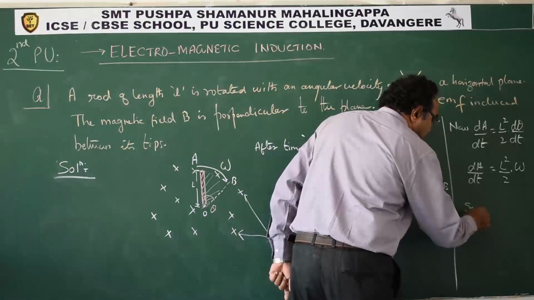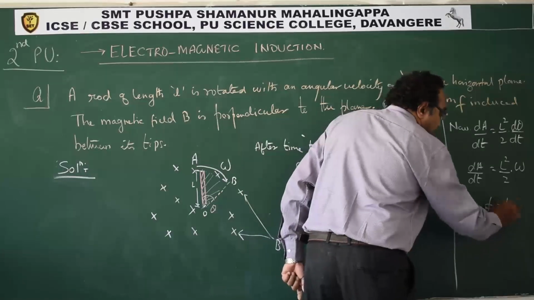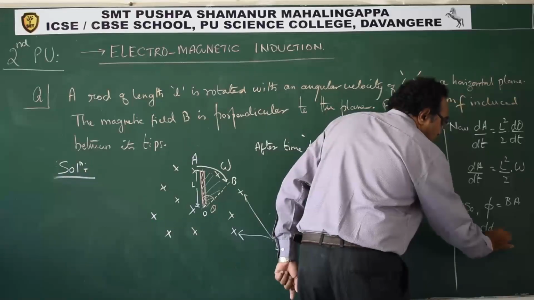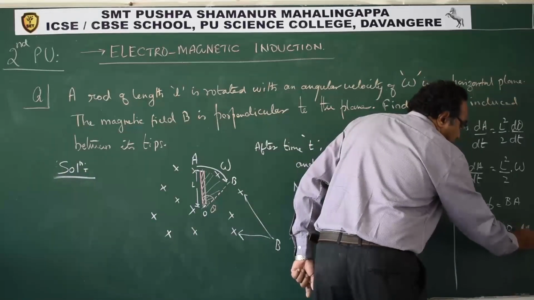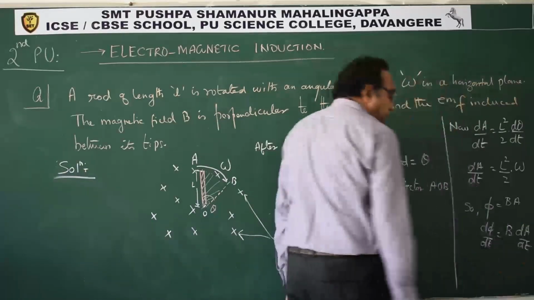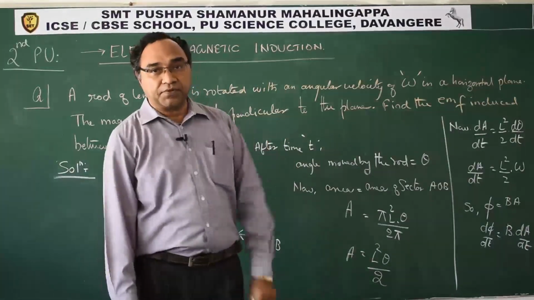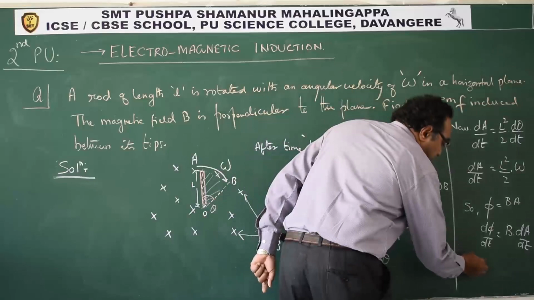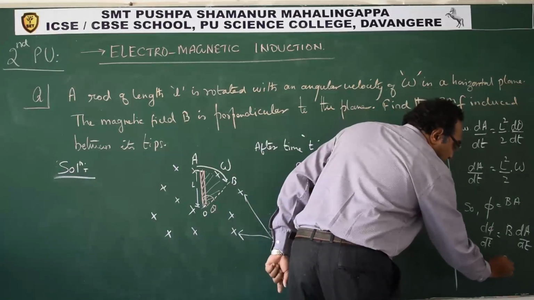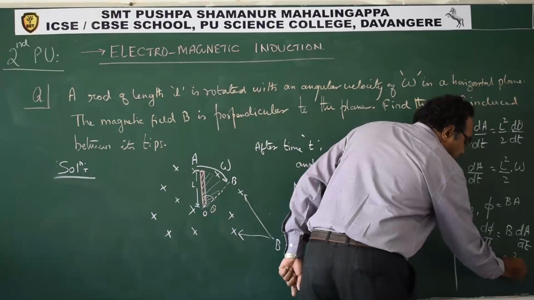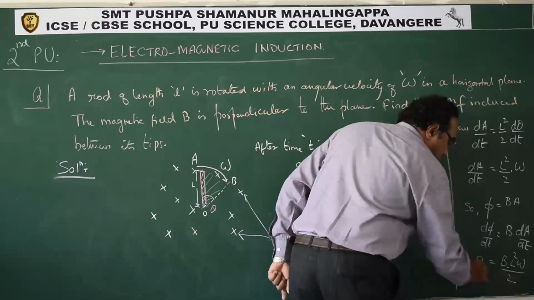So what is phi? Phi is B into A. So d phi by dt will be B dA by dt. What is d phi by dt? It is the magnitude of induced EMF. So we can say E is equal to B into L square omega by 2.